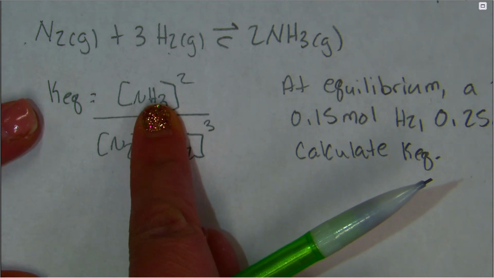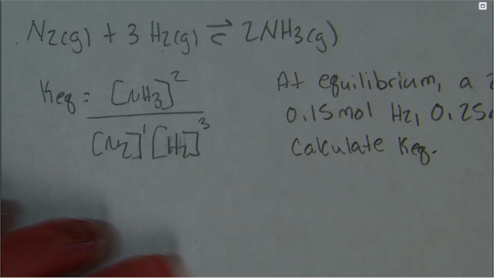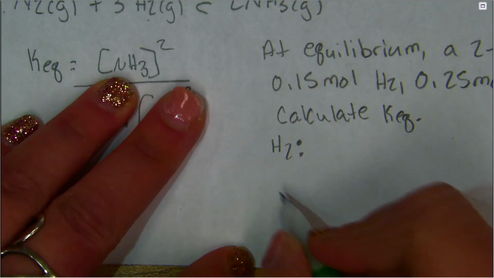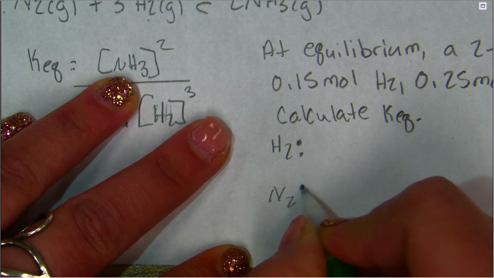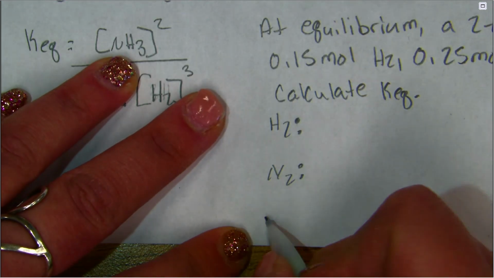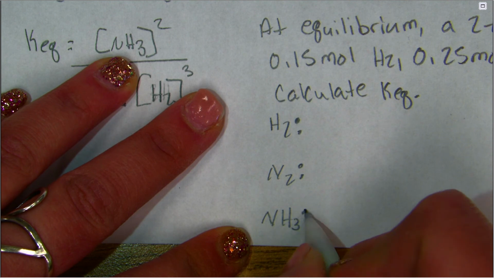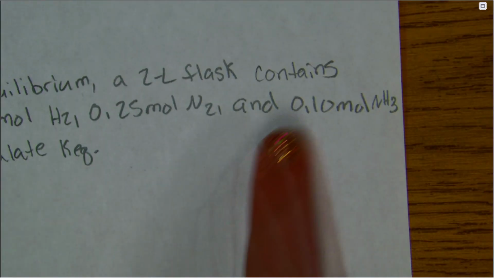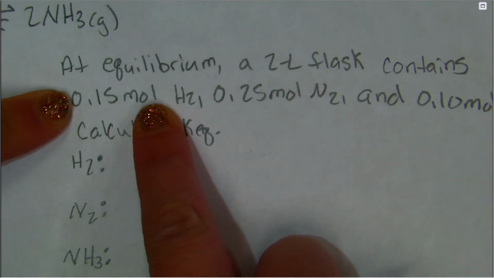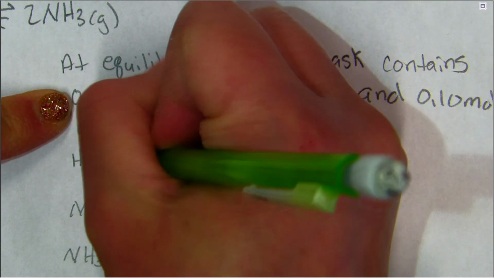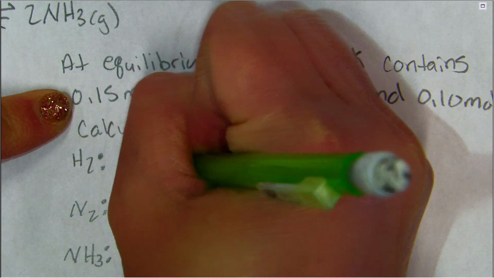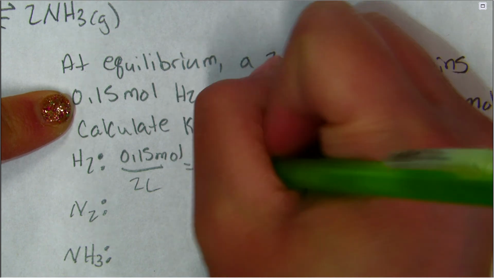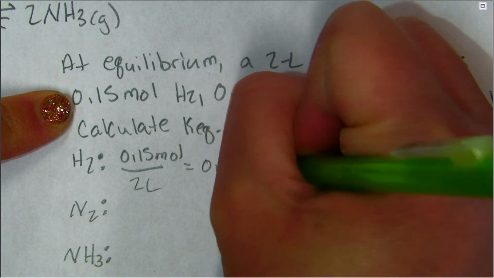Concentration is molarity. Molarity is moles divided by liters. So step one, I have to find the molarity of hydrogen, the molarity of nitrogen, and the molarity of ammonia. So I have 0.15 moles of hydrogen. The volume is 2 liters, which gives me a molarity of 0.075.